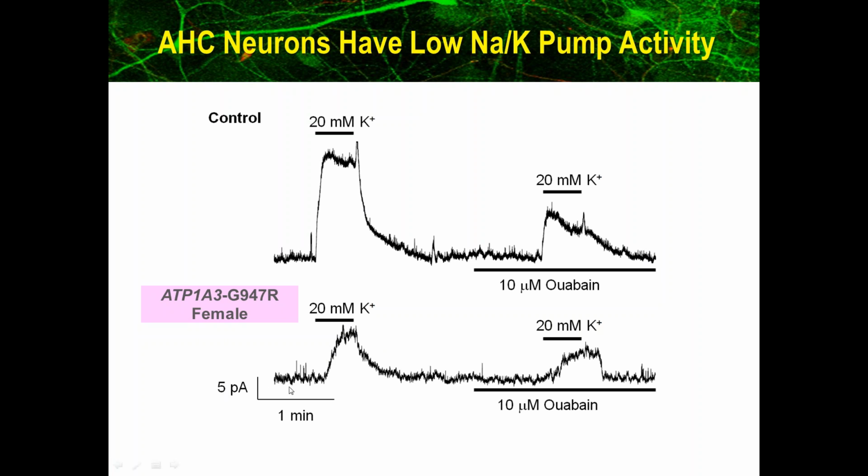By the way, these currents are really small. This line here, labeled as 5 pA, is the amperage, the units of measurement here, which are picoamps. Pico is 10 to the minus 12th amperes. So it is a trillionth of an ampere that we're measuring here. And that's pretty small.